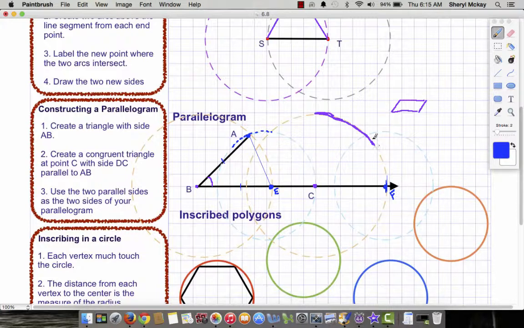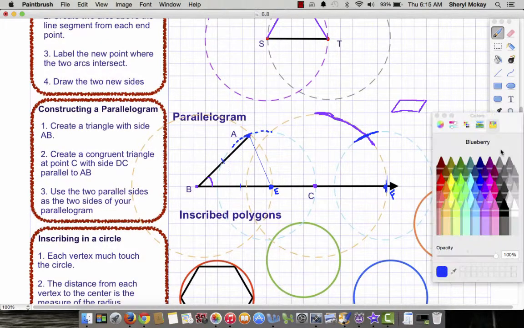Now that I've measured with my compass A to E to get that distance, I can put my point on F and create this new circle right here, and you can see where it crosses.